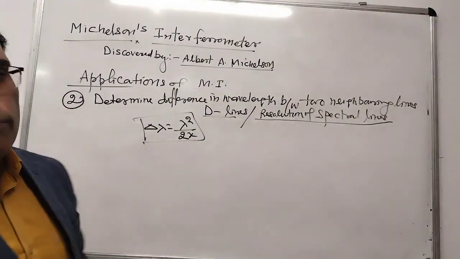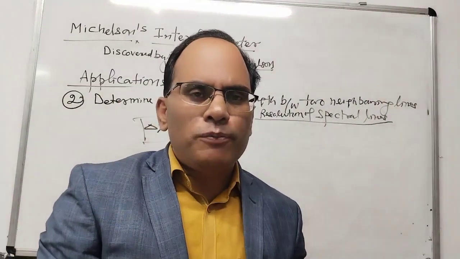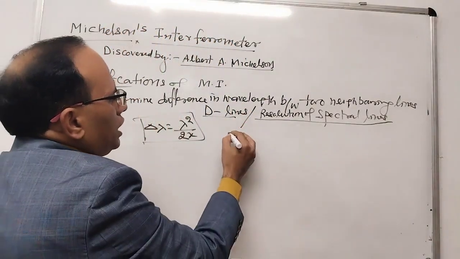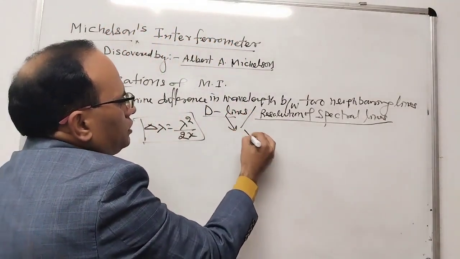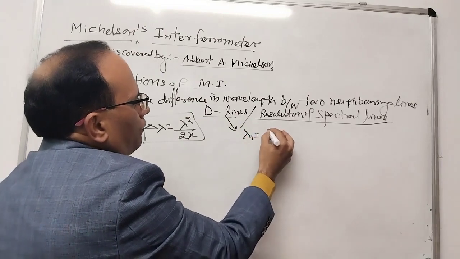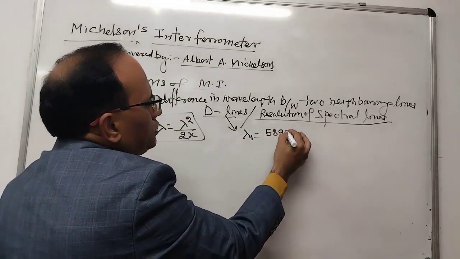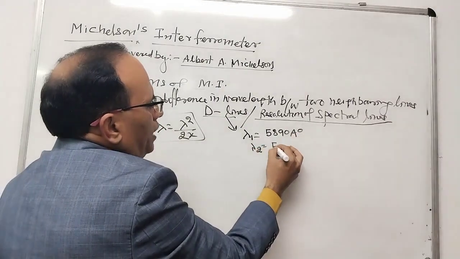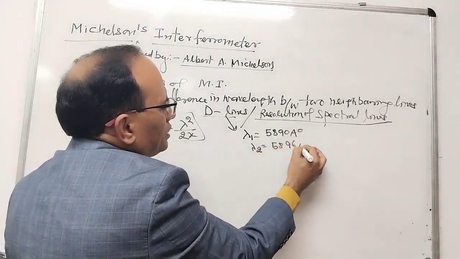Now take the example of sodium light that produces two wavelengths, which are called D lines. D lines means λ1 = 5890 angstrom and λ2 = 5896 angstrom.